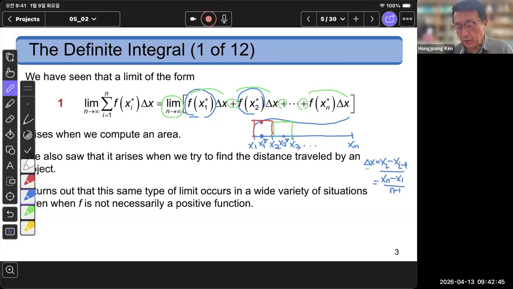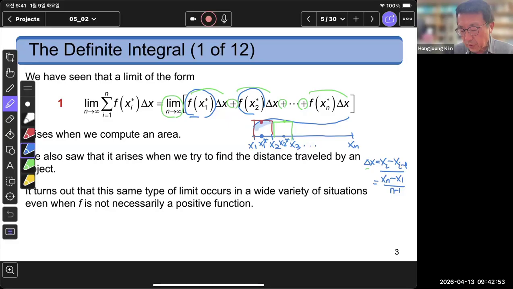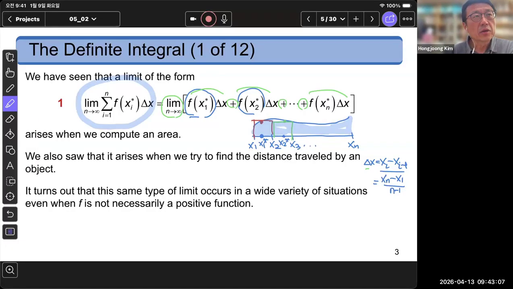So eventually, if I do this calculation, what you obtain is the area of the region below this graph between x1 and xn. So if I compute this calculation, that will give you the area of the region governed by the graph of y equals f of x between x1 and xn.